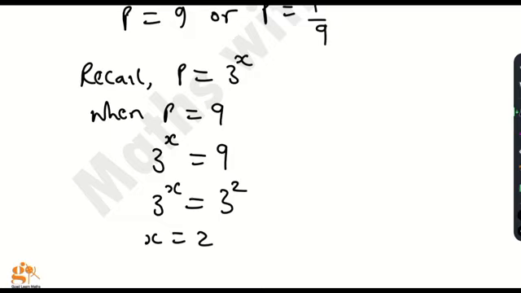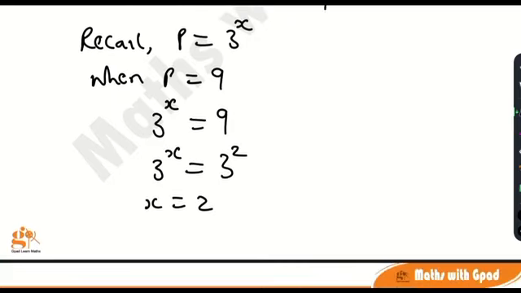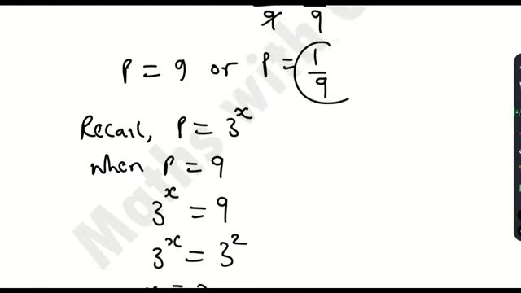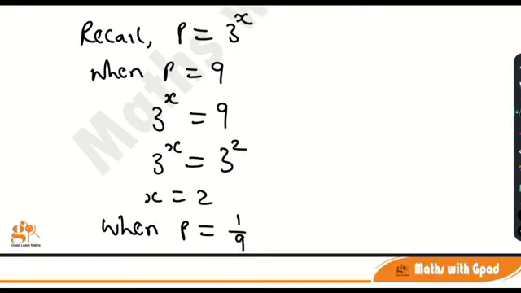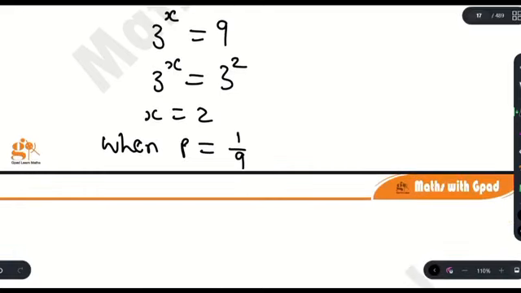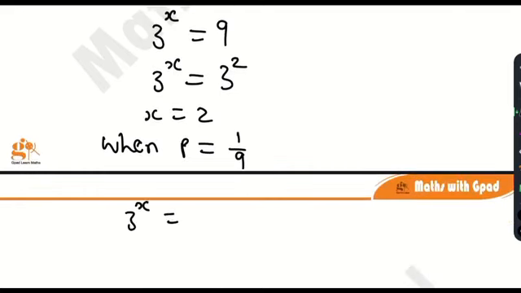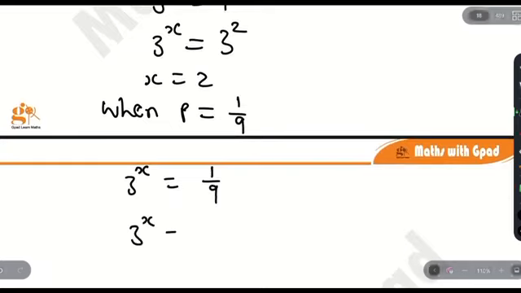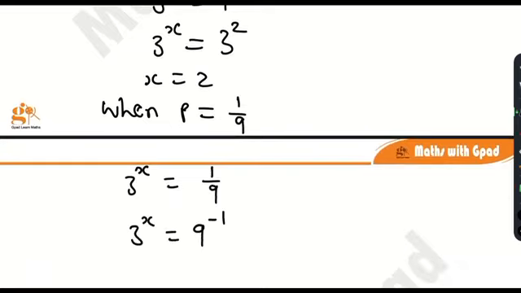First solution. Let's look at the second solution. When p is equal to, what's the second value of p? 1 over 9. Again, we still have that 3 raised to power x is equal to what? 1 over 9. Now 1 over 9 can be expressed as 9 raised to the power of negative 1 from one of the laws of indices.